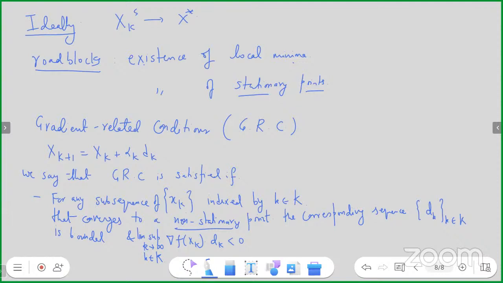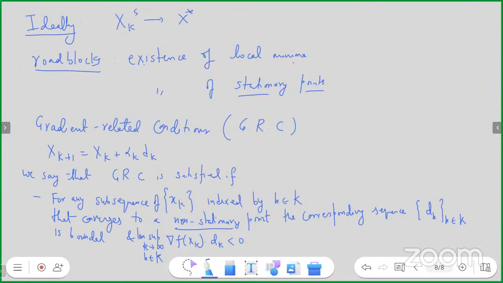And moreover, they should not become orthogonal to each other. That's what this means. I don't want this to be equal to 0. That's what this is controlling. The d_k should not grow unbounded, and the inner product between the derivative and the direction should not become orthogonal. Why do we take lim sup instead of limit?